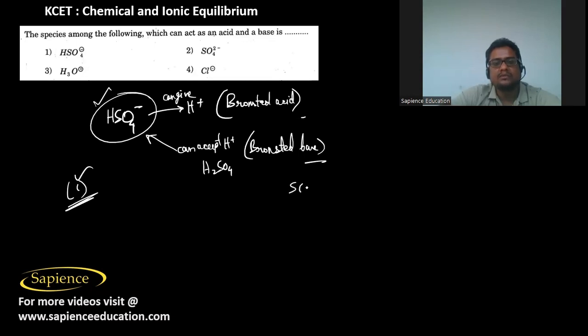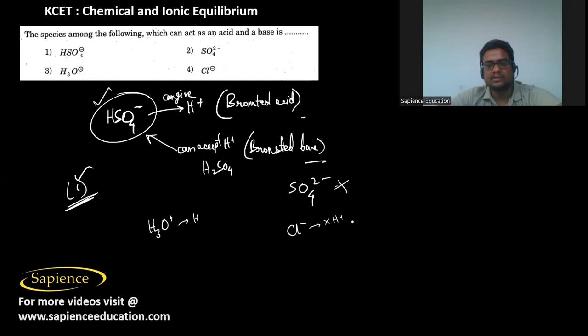In case of option 2, SO4 2 minus can't act as an acid, since it can't give H plus ion, and it can't accept a lone pair of electrons, so it is not a Lewis acid also. H3O plus can give H plus, but it can't accept H plus, so it is not a Bronsted base. And Cl minus ion can't give H plus ion, so it is not a Bronsted acid, and it can't accept a lone pair of electrons, so it is not a Lewis acid also.